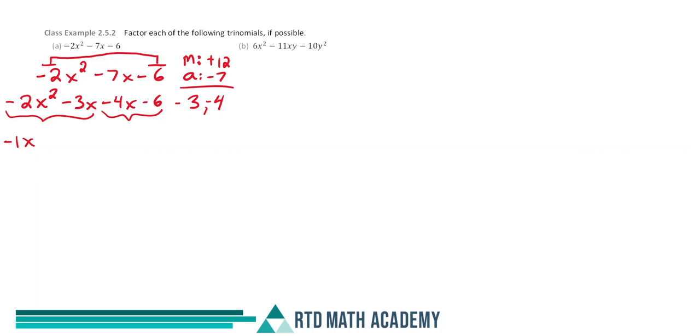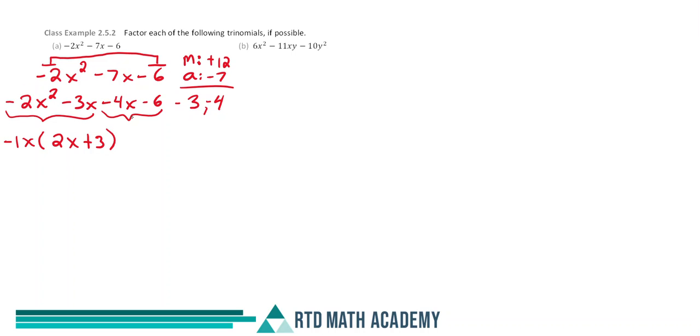You could have also just written that as negative x. Okay, and then start your bracket, and now we're going to look back through. So negative 2x squared divided by the negative 1x I took out, now that's going to be just 2x. And then looking at the next part, negative 3 divided by the negative 1 is going to be positive 3. And then the x is gone. So there you go. So 2x plus 3.